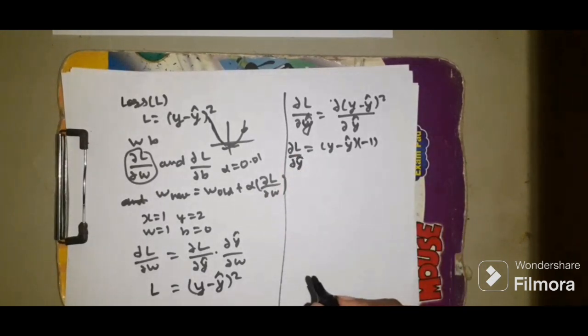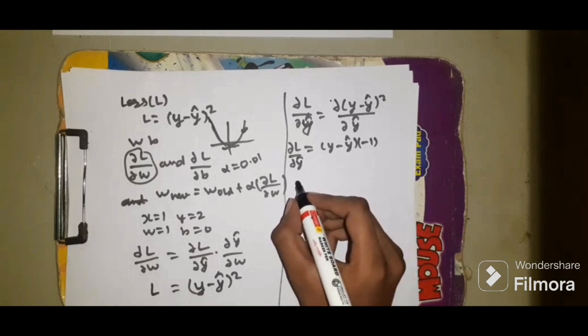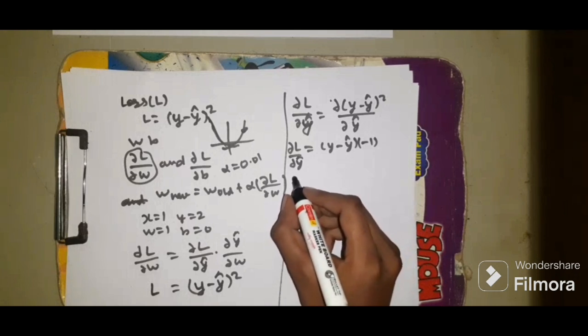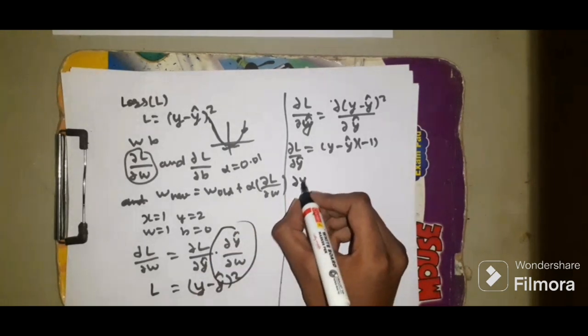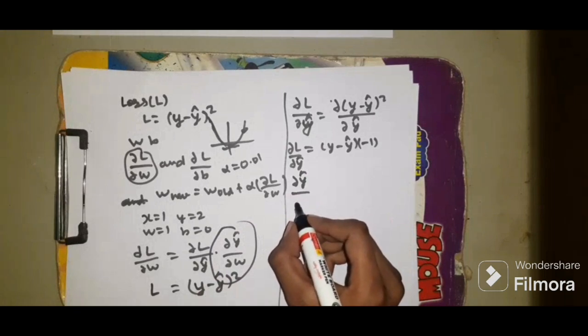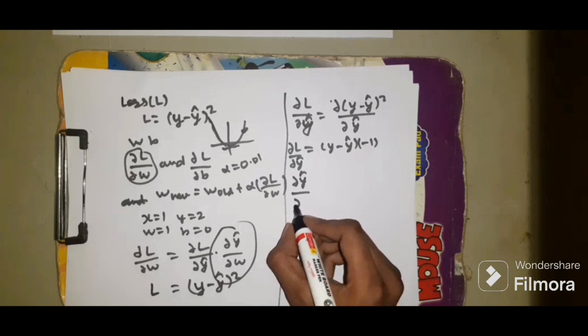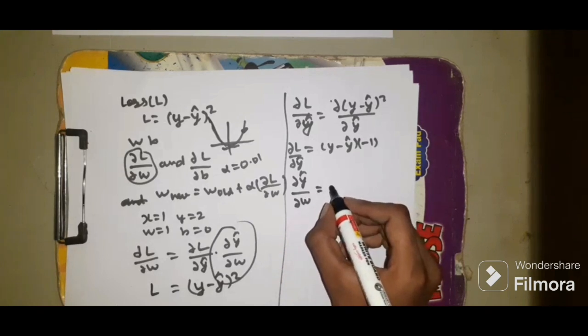This is the gradient of the loss we calculated with respect to the predicted output, and we should calculate the derivative with respect to the weights.